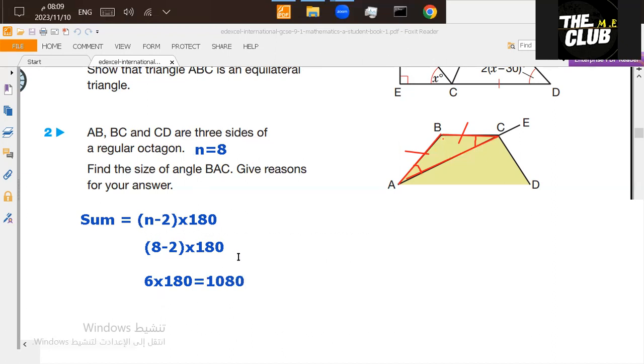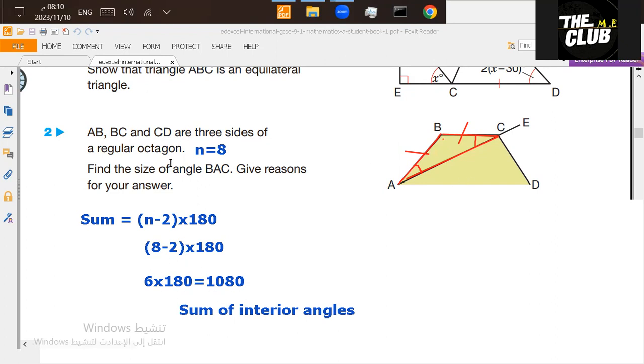So what's 1080? 1080 is the sum of interior angles. Sum of interior angles. That's so important. You have to focus on this. It is the sum of the interior angles of this polygon. Okay, or the octagon.